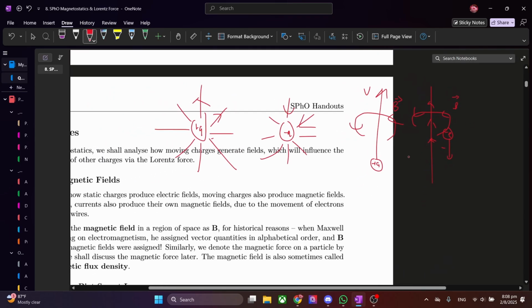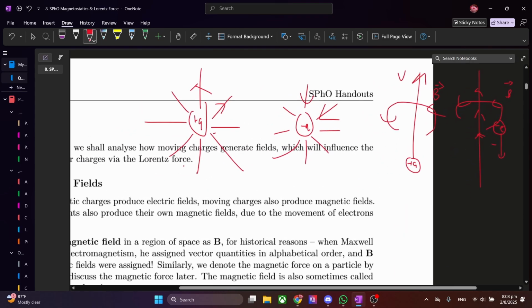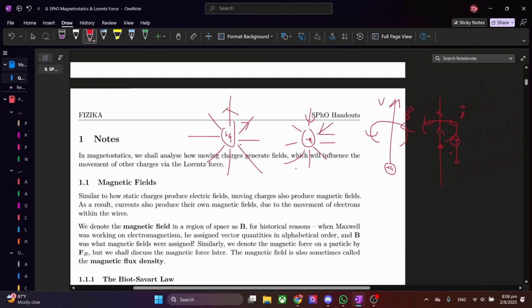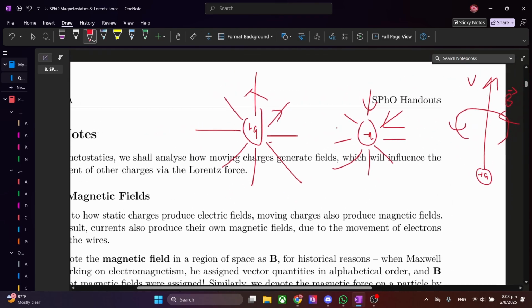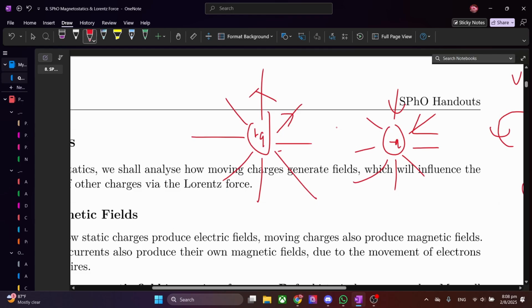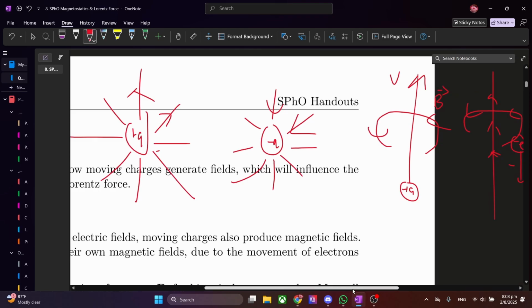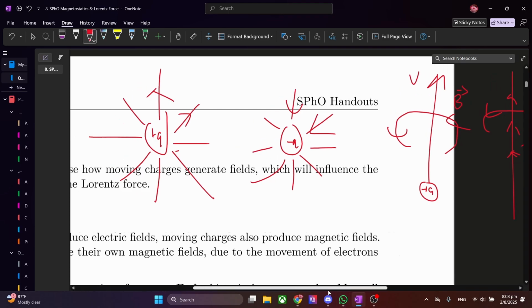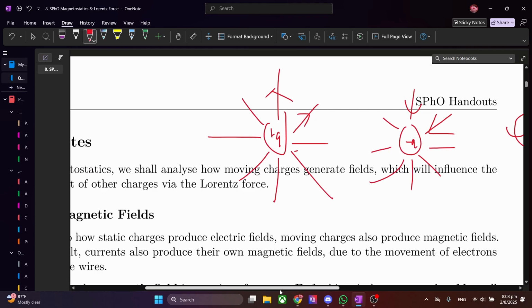So the similarity between electrostatics and magnetostatics, a way to compare them both is that in electrostatic situations, when we have charges, usually they only have divergence, while for magnetostatics they usually only have curl. Those terms probably only make sense to you if you know a bit of vector calculus, but what I mean is that your electric fields only sort of spread lah, so they only have sources or sinks.